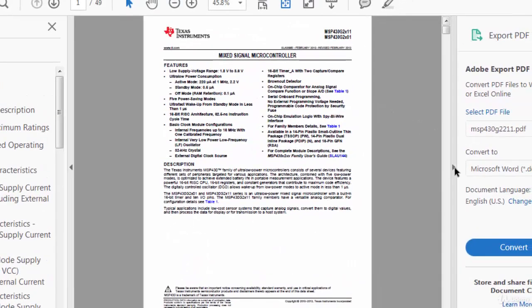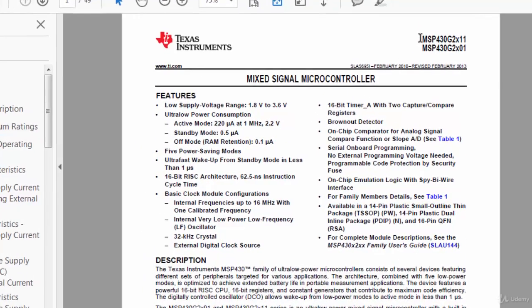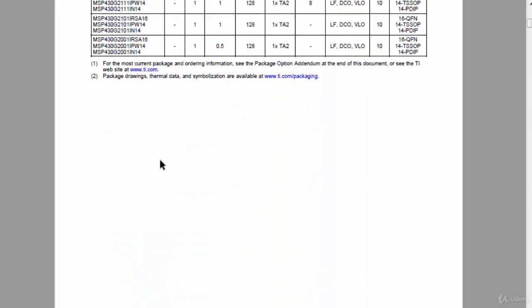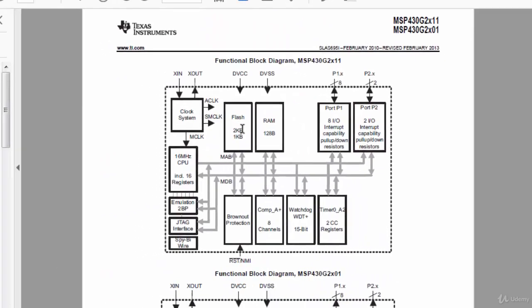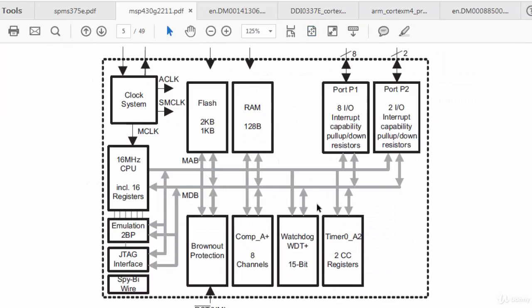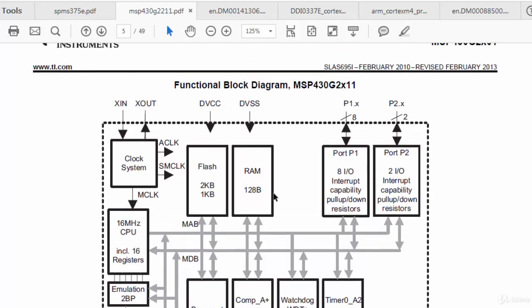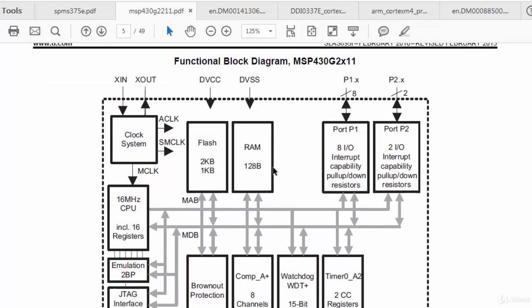Now let me take another example from Texas Instruments. Here is the data sheet of the Texas Instruments MSP430G2x11 series of microcontrollers. If you check the block diagram in this document, in this case also you will see a CPU block. But this microcontroller, released by Texas Instruments, is not based on an ARM CPU.